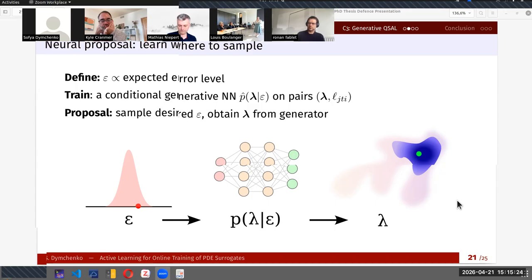So the model just learns to produce the parameter lambda such that over the trajectory, all samples have at least, in expectation, this error level. Does this answer what you meant by the different state samples?